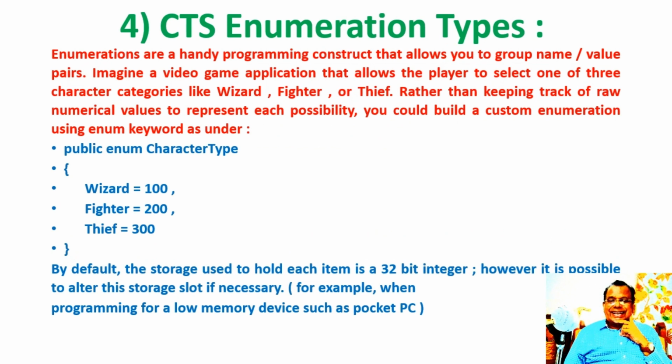Now we are considering the enumeration types. The fourth type we are considering is CTS enumeration types. Enumerations are a handy programming construct that allows you to group name-value pairs.